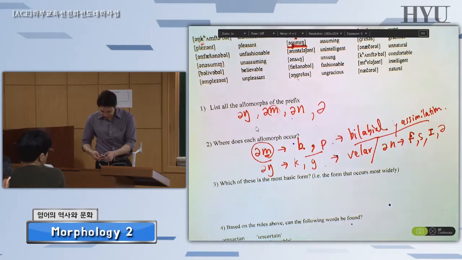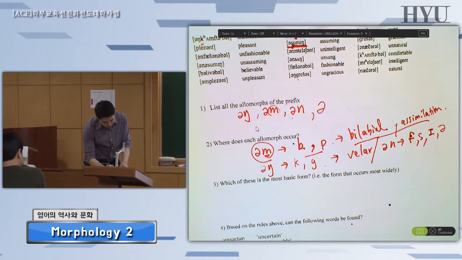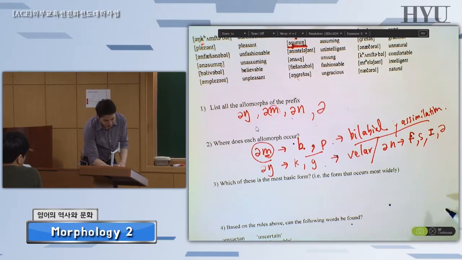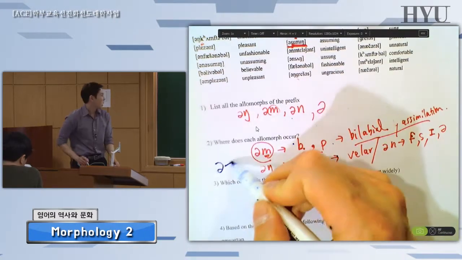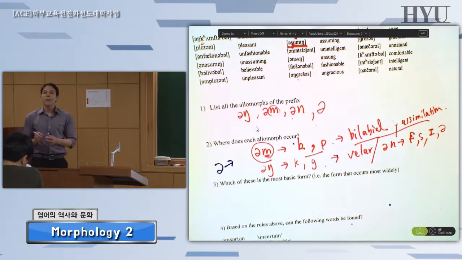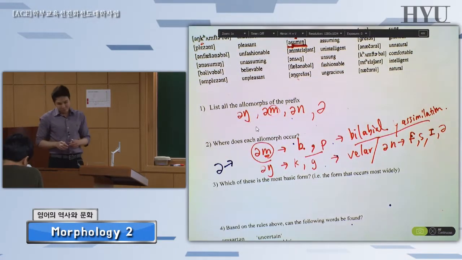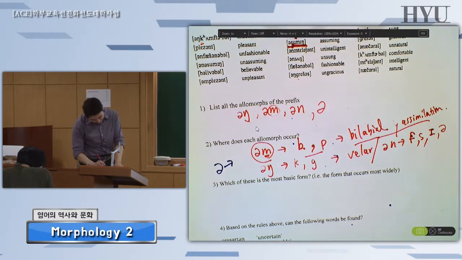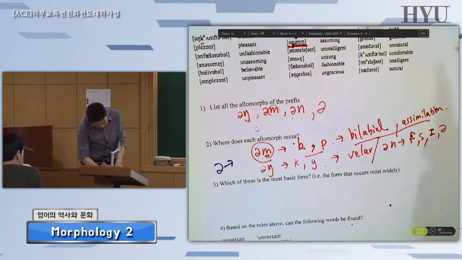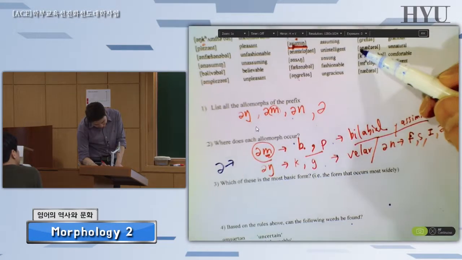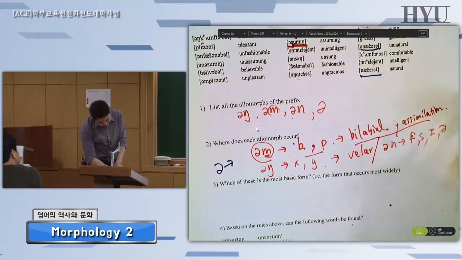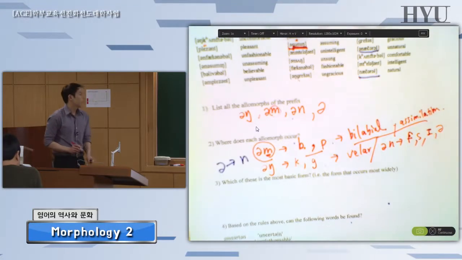So the last one is, where should I write it? It's just a schwa. Where do we find a schwa? I already told you, right? Natural and unnatural. So it's before N. Okay?